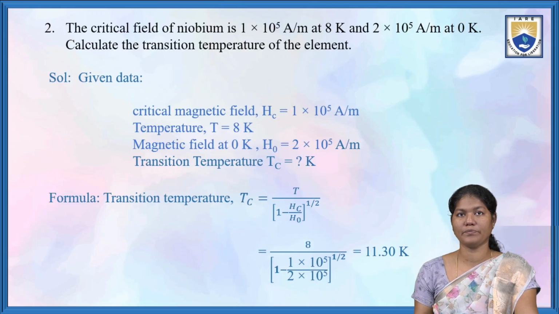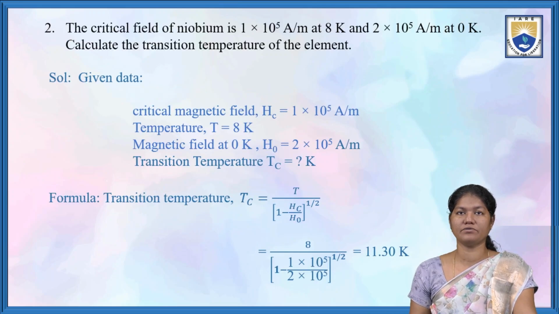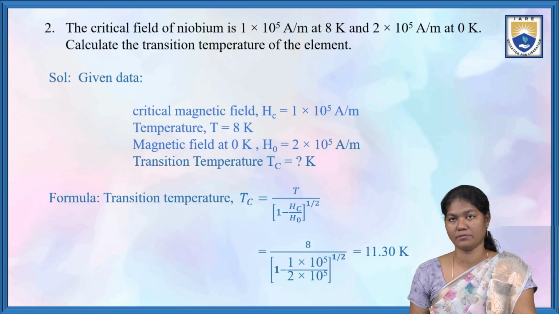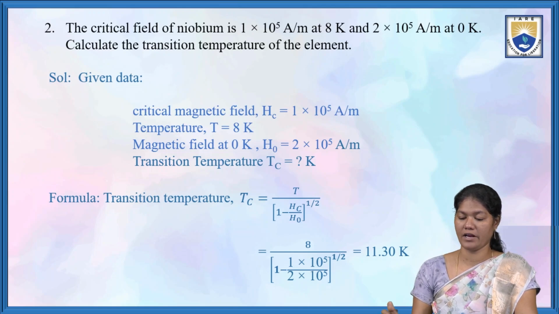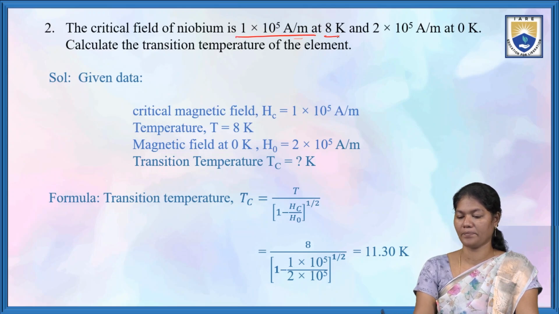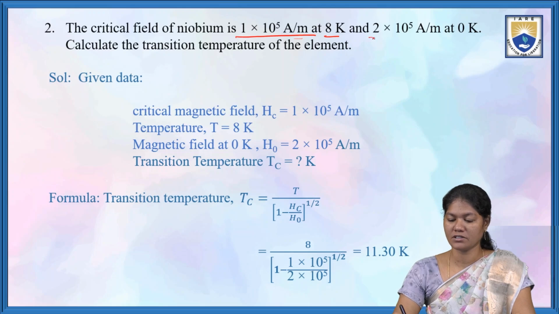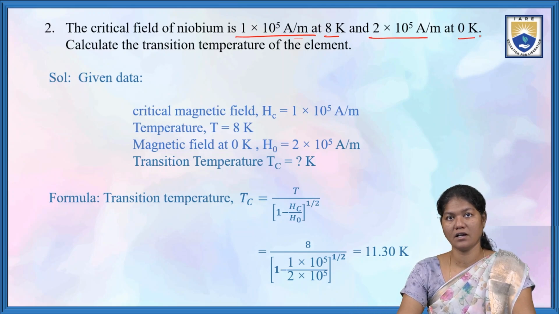In the next problem, the critical field of niobium is 1 into 10 power 5 ampere per meter at 8 degree Kelvin and 2 into 10 power 5 ampere per meter at 0 degree Kelvin. Calculate the transition temperature of the element.